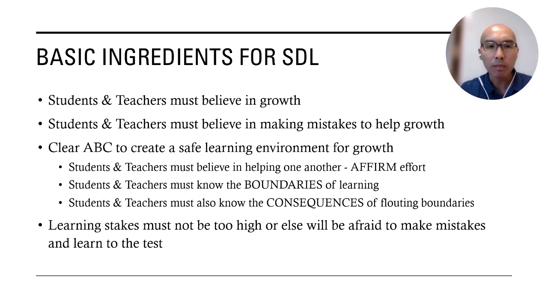Second, I also believe that students and teachers must believe in making mistakes to help them grow. Why? Because if we see mistakes as something that limits our opportunity to growth, by seeing it as us being stupid, incapable, or incompetent, then we are creating a self-fulfilling prophecy that we will not be able to improve.